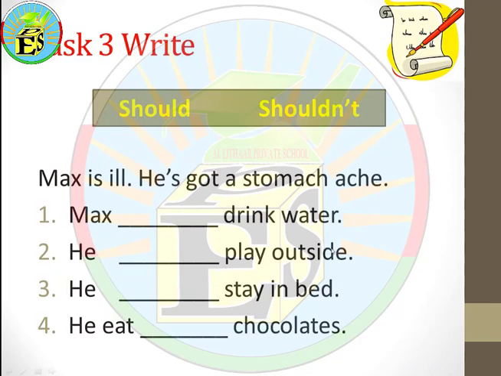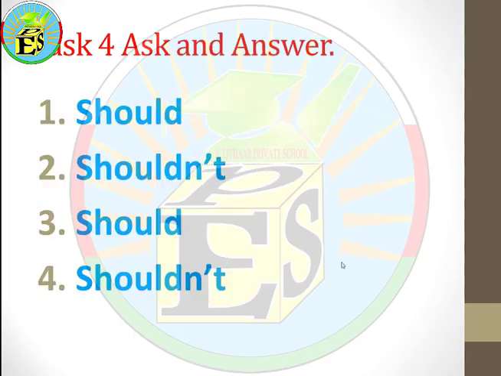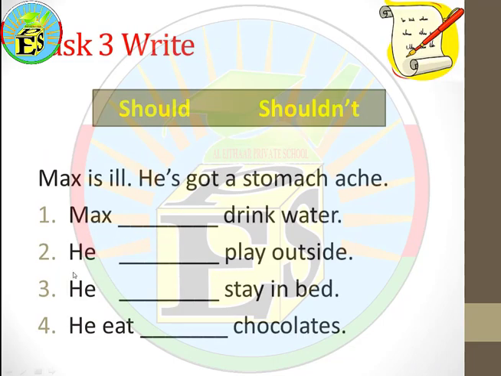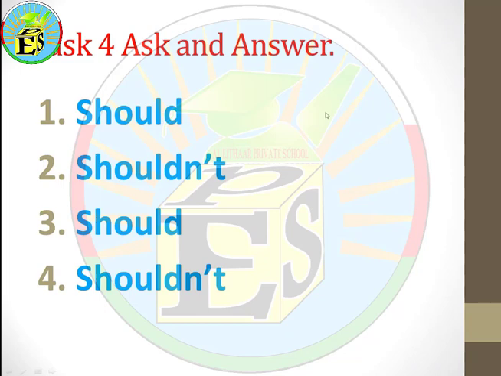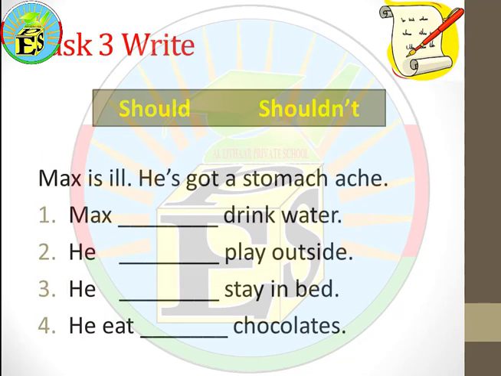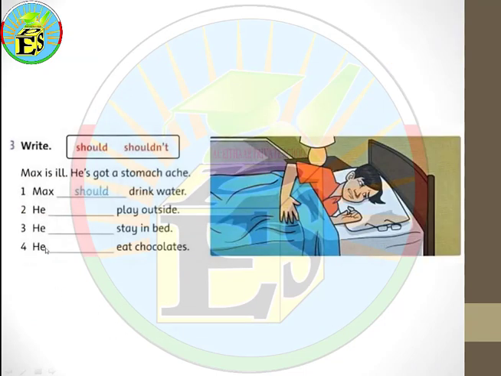He shouldn't play outside. The third one is should. He should stay in bed. The fourth one is shouldn't. He shouldn't eat chocolates. So you put eat after shouldn't. Okay?